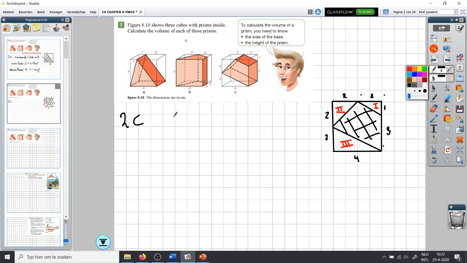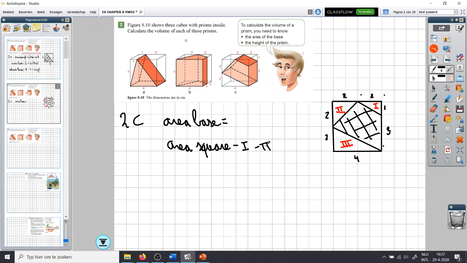What I would do is area base equals the rectangle, or I can even be more specific, area of the square, because it's a square. It's also a rectangle, but then minus 1, minus 2, and minus 3. Right, and then I'm left with my base.